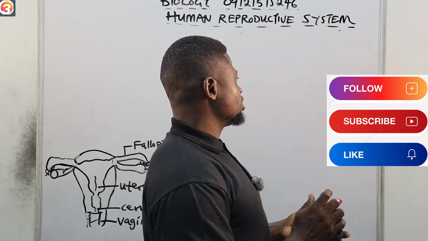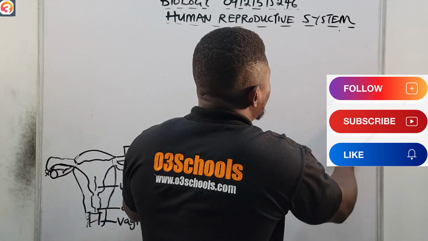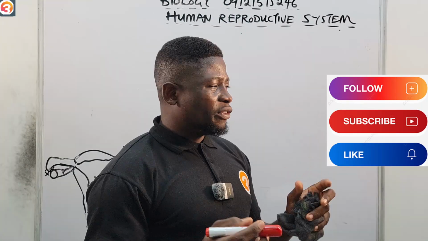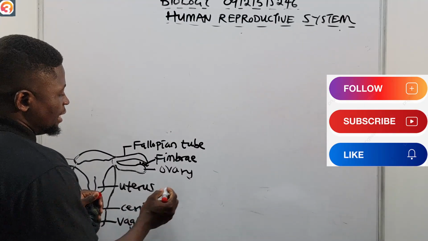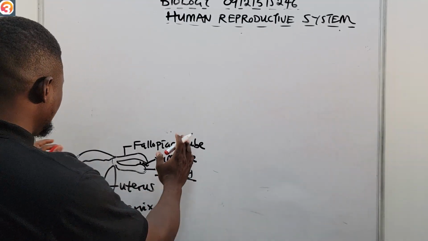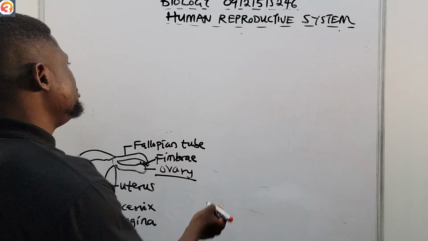So now let us look at the female reproductive system. For the female reproductive system, the main reproductive organ is the ovary.